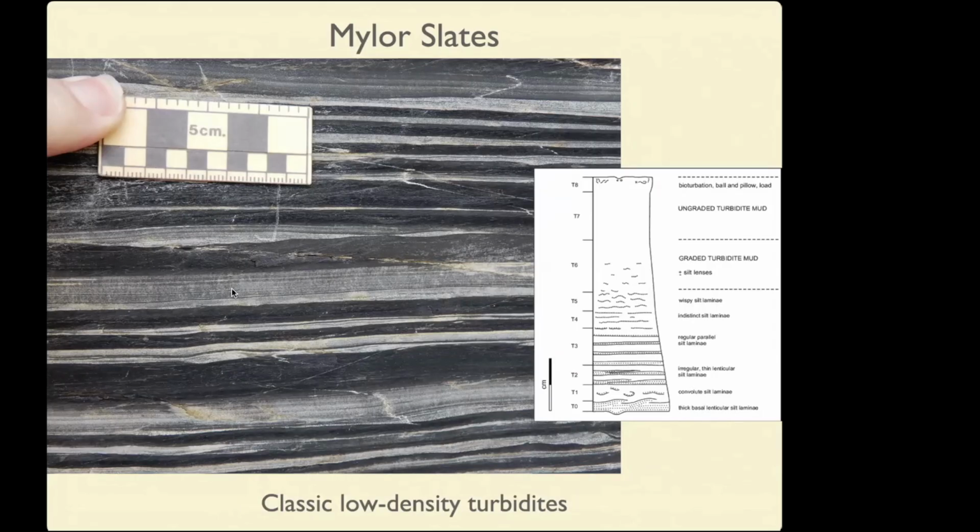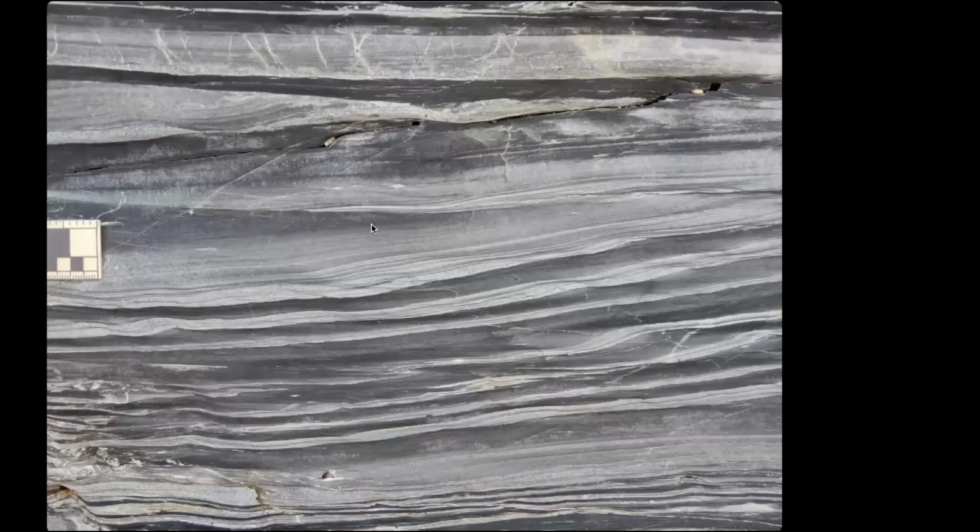The interesting thing here is that each one of these could be its own flow, or it could be part of a multiple flow. It's really difficult to see where the base of any particular flow is, but they're all sharp-based, and they are clearly rippled.